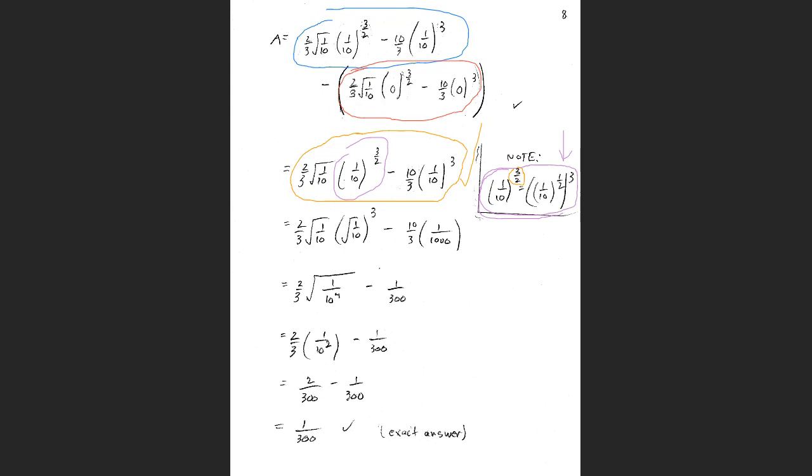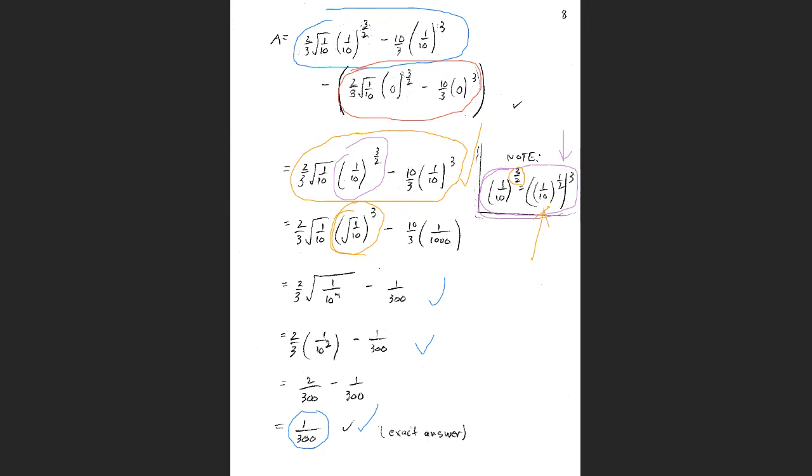So that means I can write 1/10 to the 3/2 power as the square root of 1/10, to the third power. Then I can work out the steps. And I end up getting 1/300. That's the exact answer.